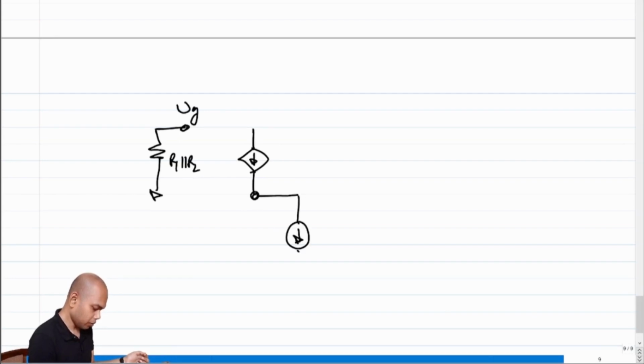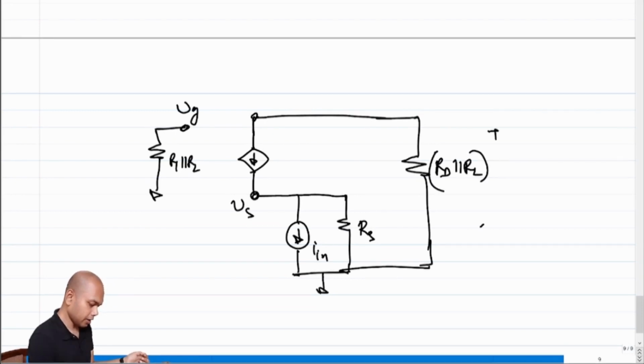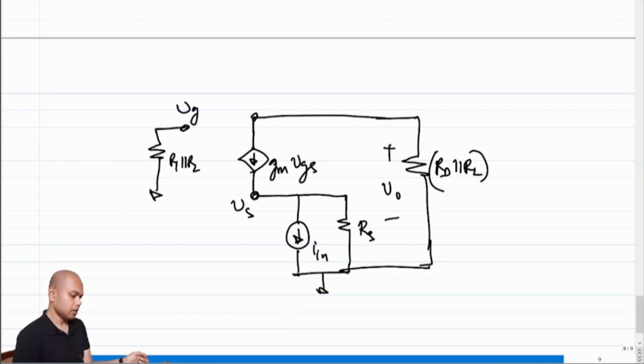I have an input IN connected to the source of the transistor, Vs. The IN has an internal resistance Rs, and the output is essentially RD parallel RL, and we are taking the output across these terminals, right? And this current is Gm times VGS, correct?